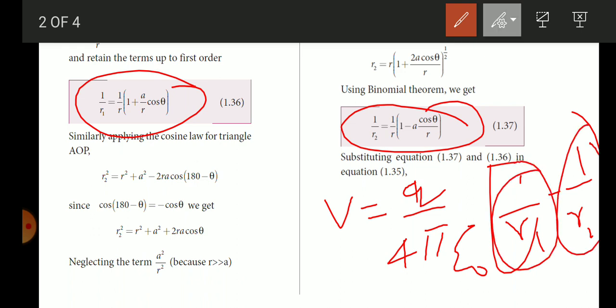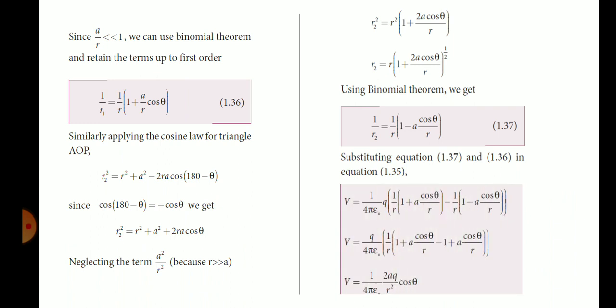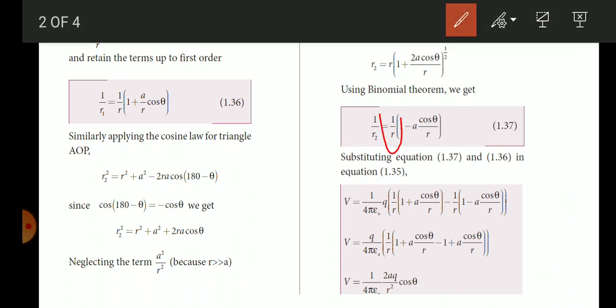Substitute these two values in this equation, we will get 1 divided by 4 pi epsilon naught q. This 1 by r is common in both the terms, so it comes out. Then I will get 1 plus a by r cos theta minus 1 minus a by r cos theta.